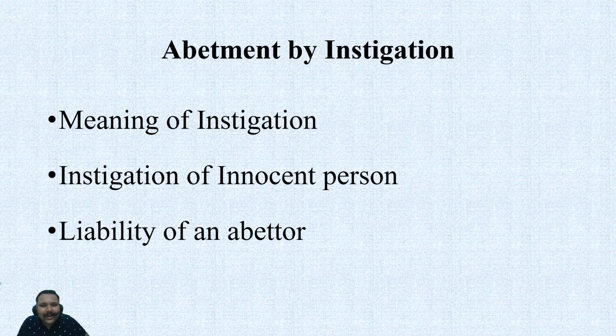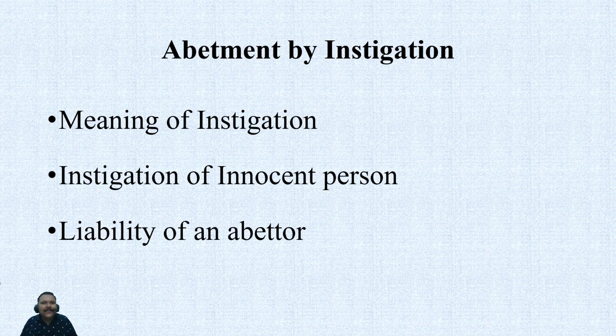Suppose I go to hunt with one of my friends. Hunting in the jungle, and I see that my enemy is sitting behind a bush. So I ask my friend. This is a very common question in CLAT. I ask my friend, see that behind that bush there is an animal, and let's kill that animal, it will be fun. So my friend shoots a bullet towards that bush, hits my enemy, he dies.